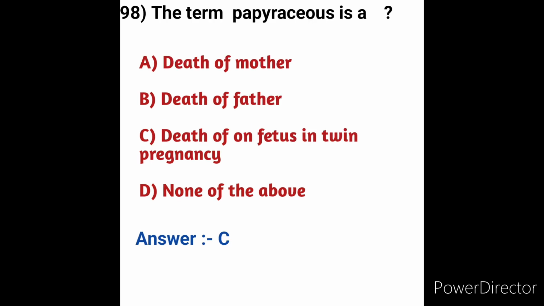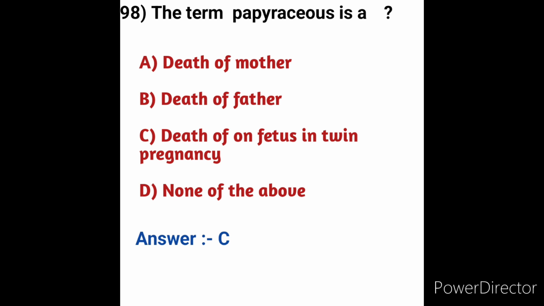Next, move on to question number 98. The term papyraceous is a. Options: option A, death of mother, option B, death of father, option C, death of fetus in the twin pregnancy, and option D, none of the above.